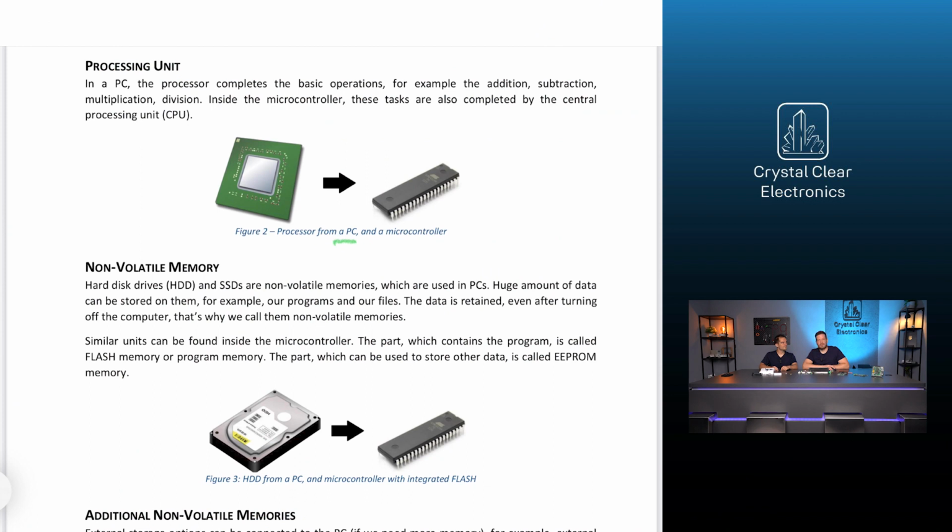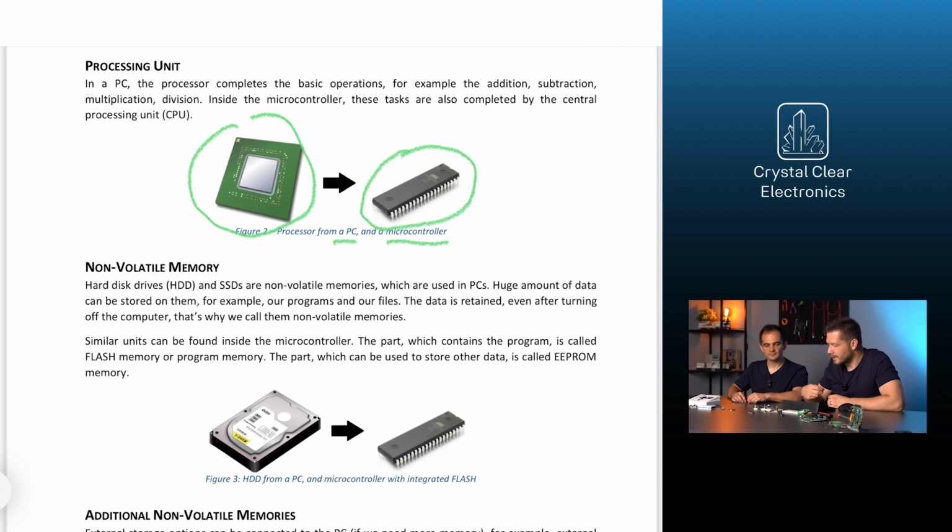Very similar components are found in the microcontroller. Let's start with the unit called the processor, which you mentioned. In a PC, the processor completes the basic operations, for example the addition, subtraction, multiplication, and the division. Inside the microcontroller, these tasks are also completed by the central processing unit or the CPU.